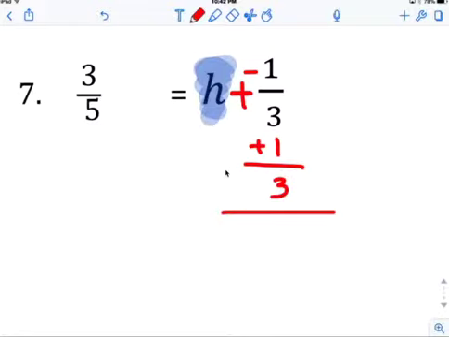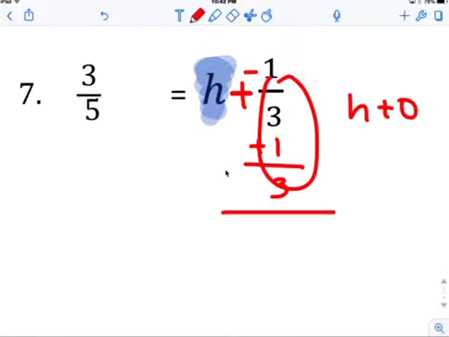Okay, that's 0. See, h plus 0, it's like 10 plus 0 is itself, 11 plus 0 is 11, 1 million plus 0 is 1 million. So h plus 0 is h equals 3 over.